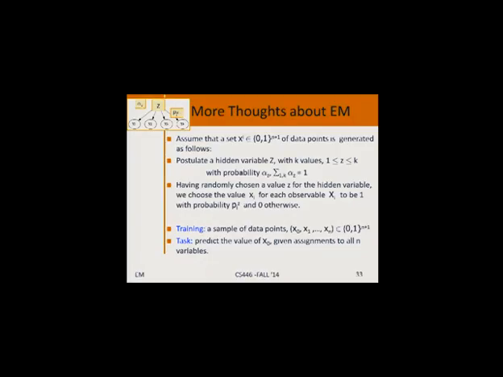Clear how I generate the data? It's almost like the coin, where I choose coin 1 or coin 2, but when I chose the coin, all the tosses came from the same p. Now I say the first toss comes with this probability, the second from this, and so on. So it's a little bit more complex, but it's the same idea of a model. First choose the z, or the coin name, and then toss.